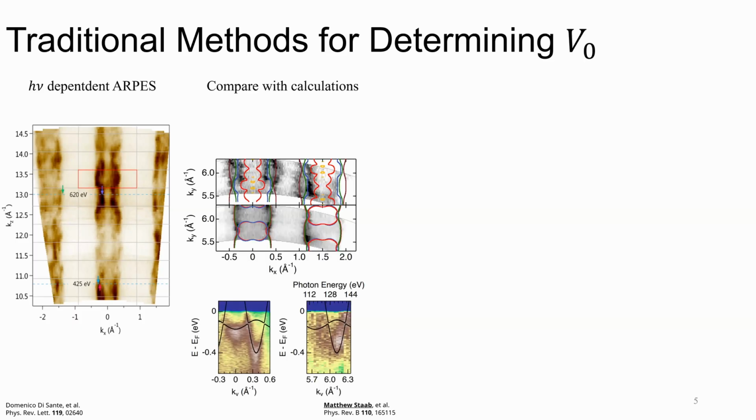Another method is to take a much smaller range of photon energy and compare it with some DFT calculations. So you're essentially shifting what you think the inner potential is on your data until your eye says that it matches the bands well, which is also good because it saves time, but has a human error problem where you can be off by a few eV because a few eV doesn't shift the band very far.